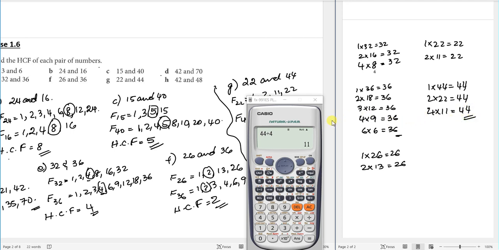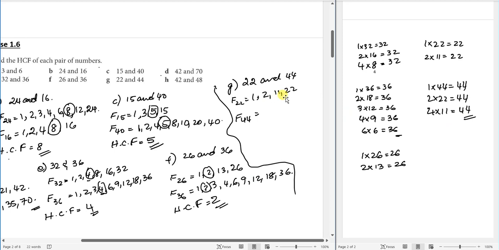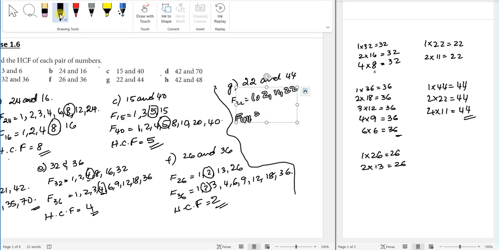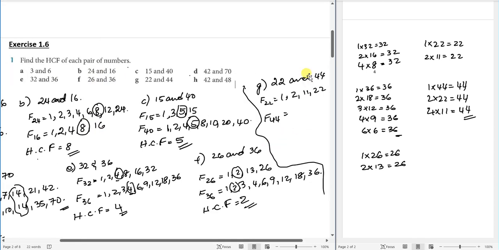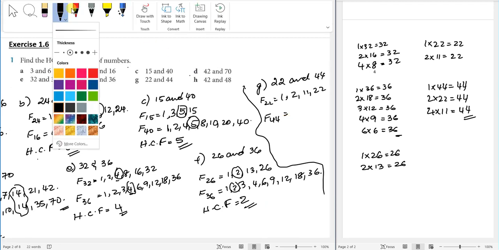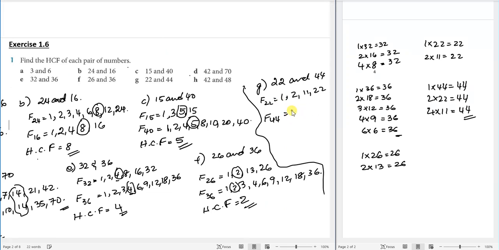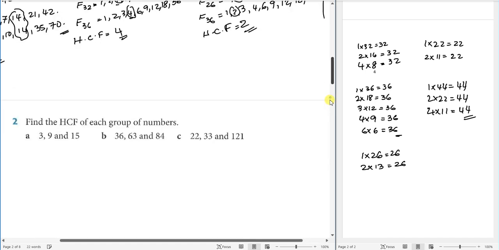So the factors are 1, 2, 4, 11, 22 and 44.